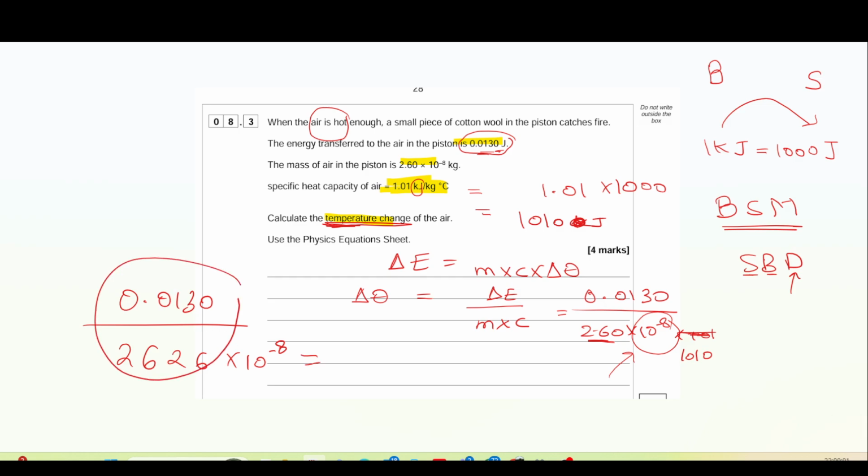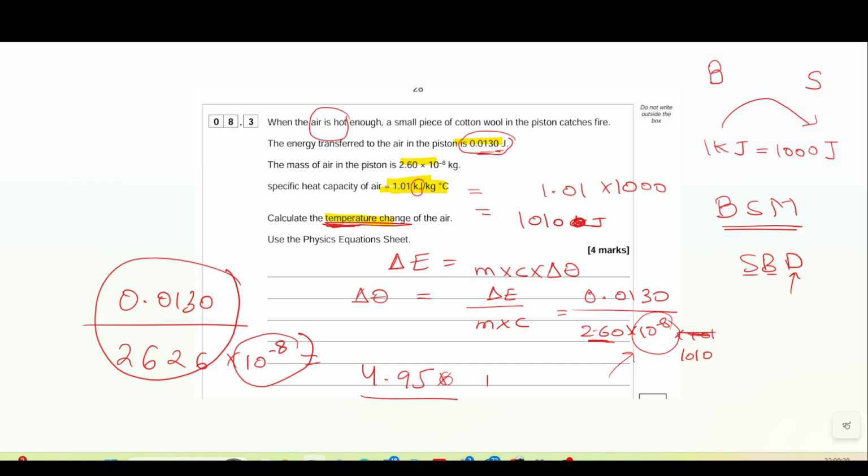If we divide 0.0130 by 2626, we get 4.95 times 10 raised to power -6, 4.9504 something, and we have this 10 to the power -8 here.